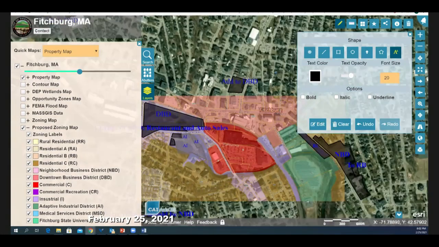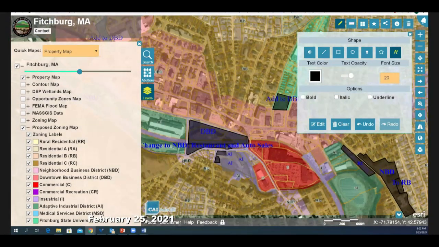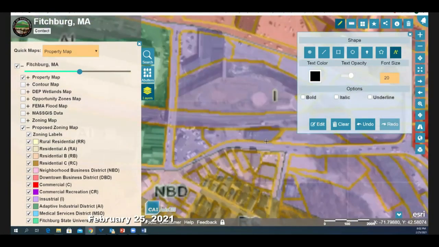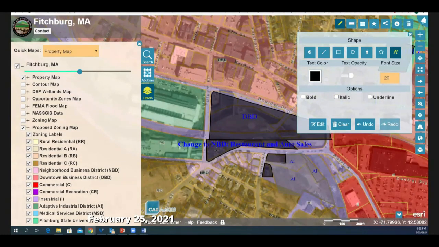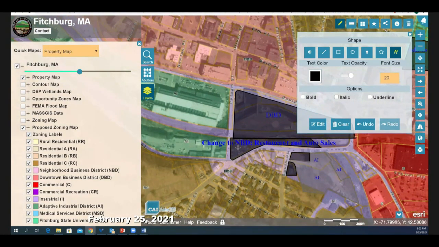Then, changes at the bottom of Laurel. Oh, right. Yeah, you're right. So this would be Zetas and the car sales, proposed change from industrial to NBD. What is that building right below that empty lot that we tore down, that building on the corner?